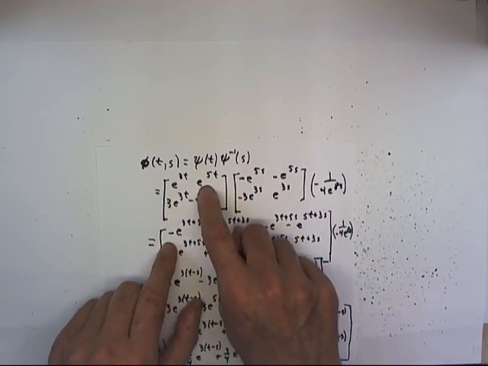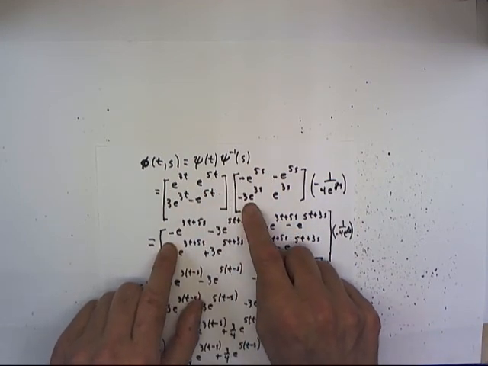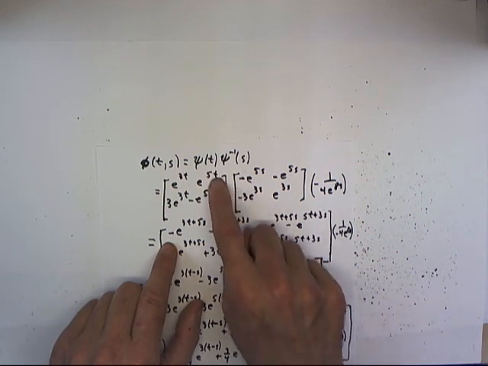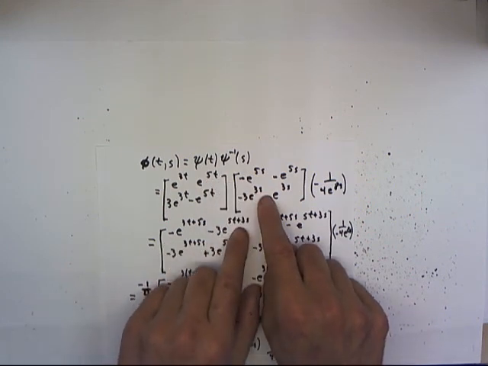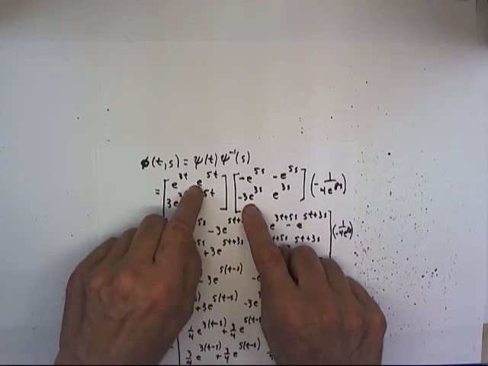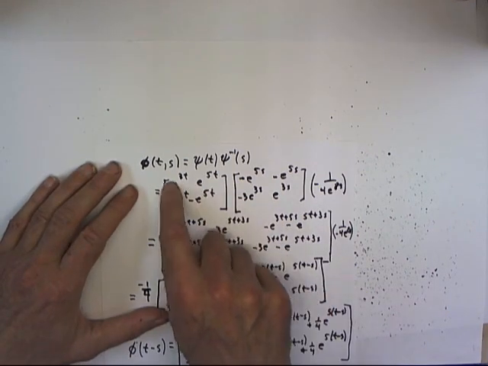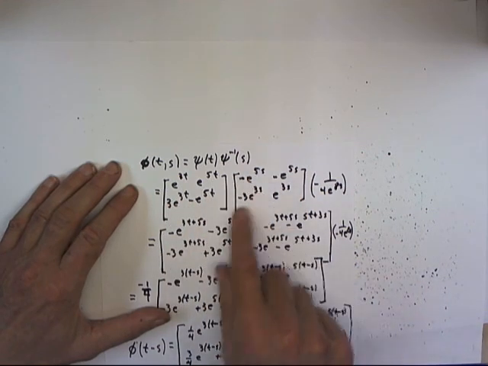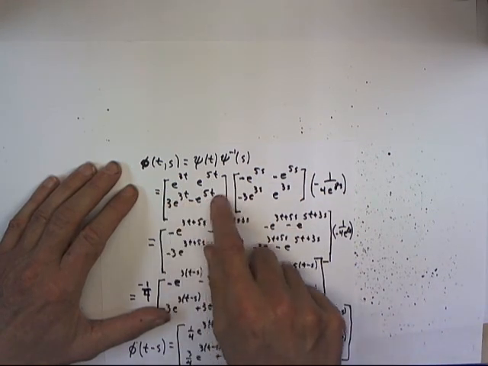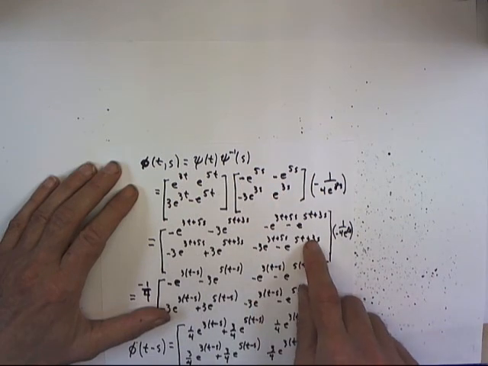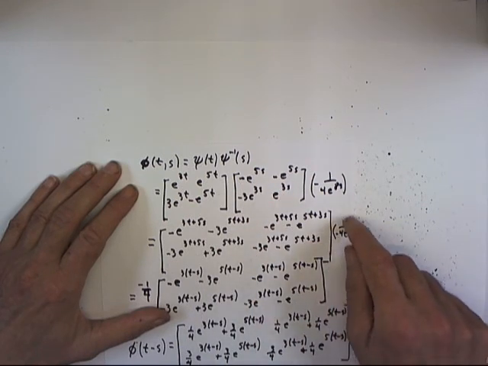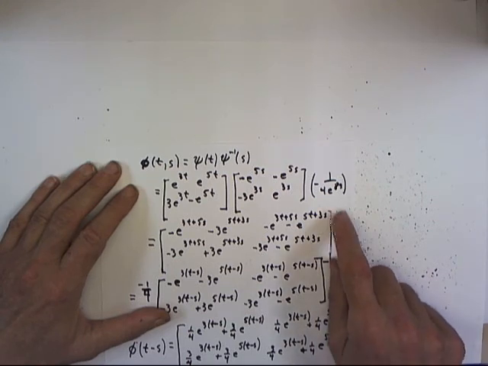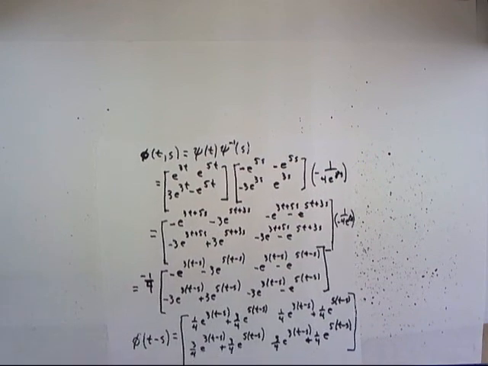And e to the 5t times negative 3 e to the 3s gives 5t plus 3s for the exponent, with a negative 3. Similarly for the other row and column products, all still multiplied by the negative 1 over 4 e to the 8s.